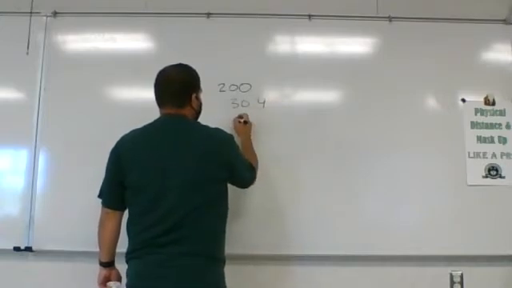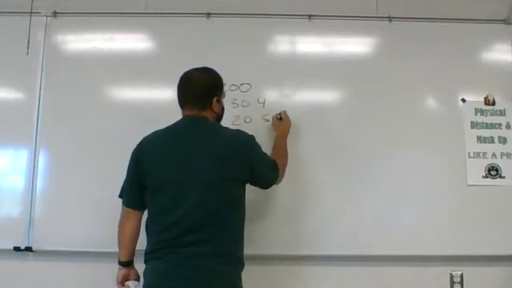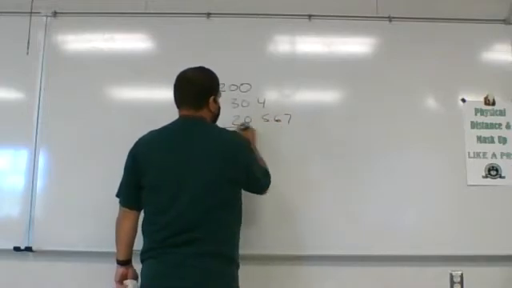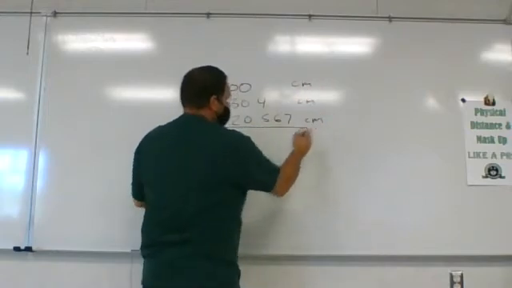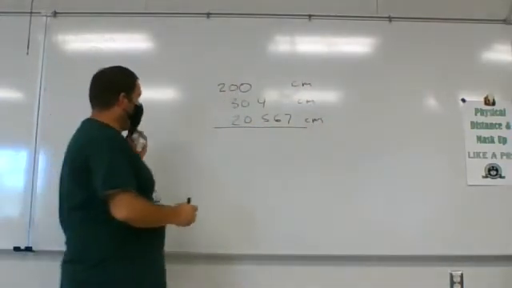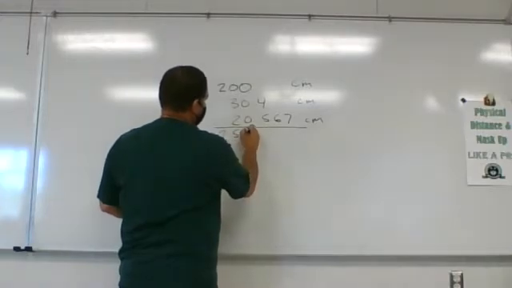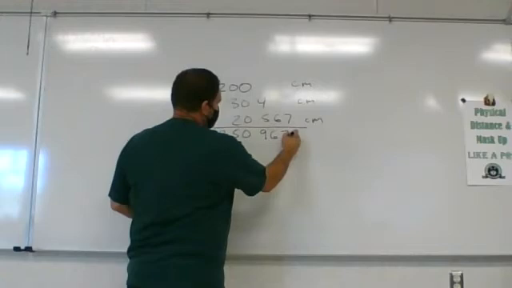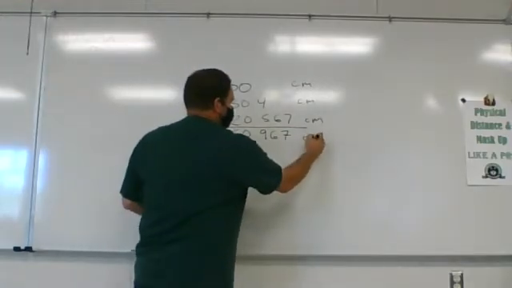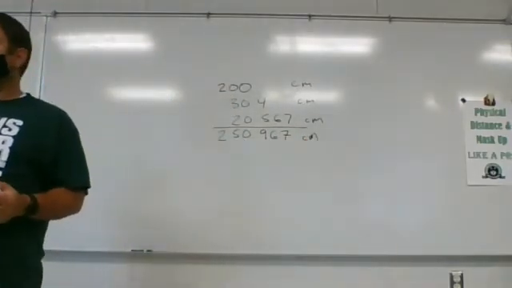Let's go with 20.567. Okay, these are all, we'll say, centimeters. So they're all the same unit. Okay, so we add them up. We go what? 250.967 centimeters. Okay. No, what's wrong?